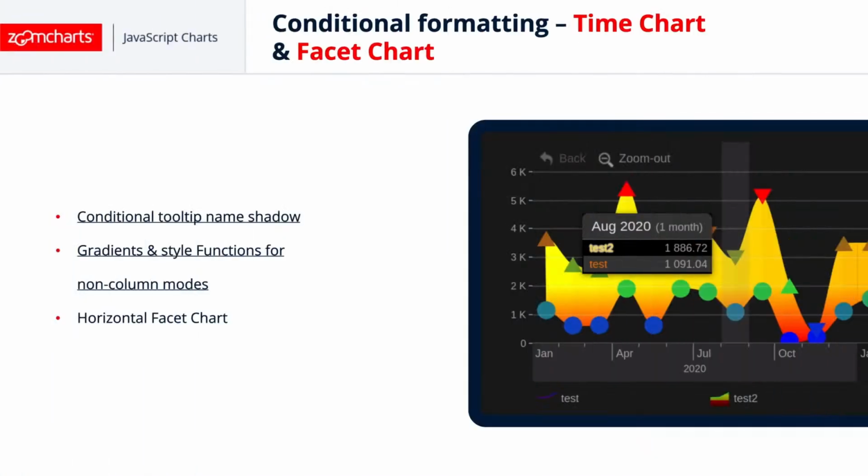And we have tooltip name shadows, and these are conditional, not conditional on coding. It's actually conditional. You can set up settings and it will automatically, smartly determine, does your tooltip text need to be highlighted with a shadow? And we have gradients and style functions in general for all the non-columns modes. Previously, they were limited to columns.